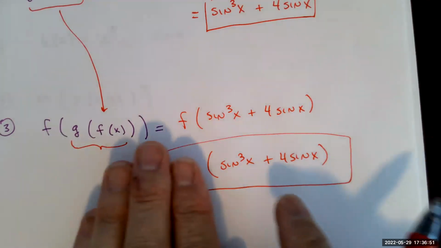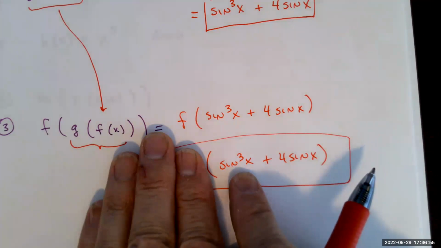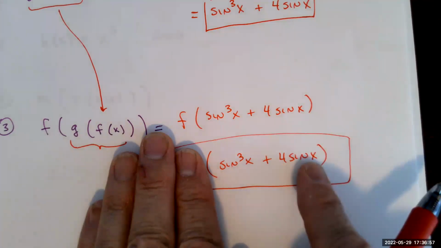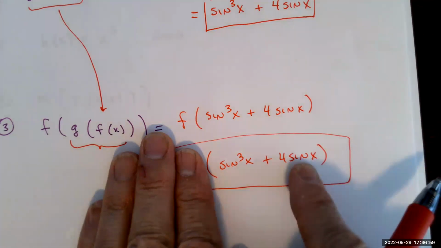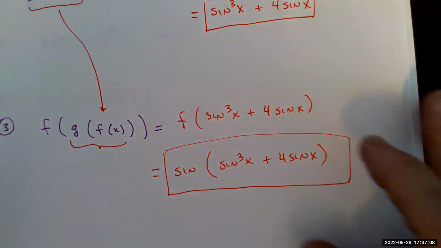It's all this stuff. And you have to first, inside here, find the value of sine of x, cube it, multiply the value of sine of x by 4, add those two things, and then take that number, plug it into the sine function again, and get an output. So we get a lot of these nested situations there.